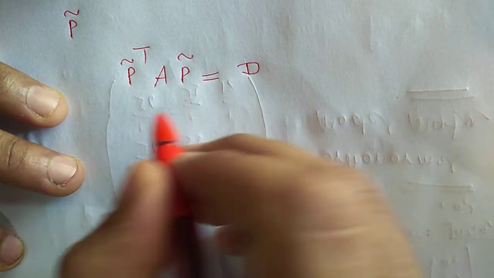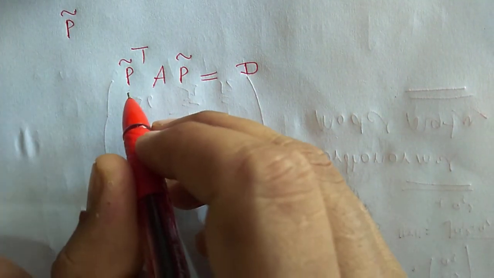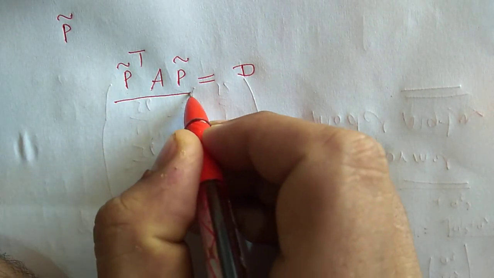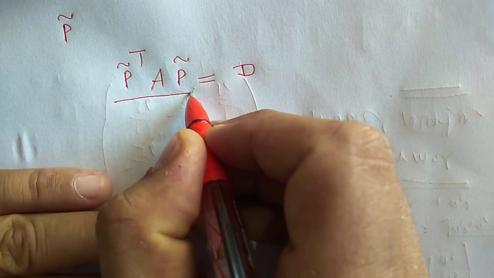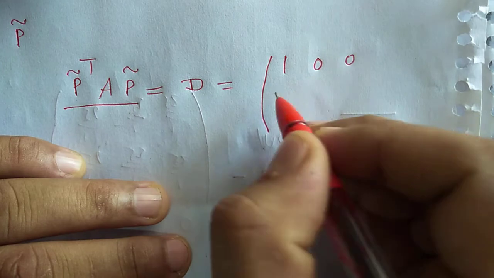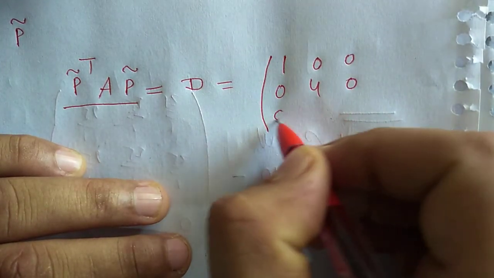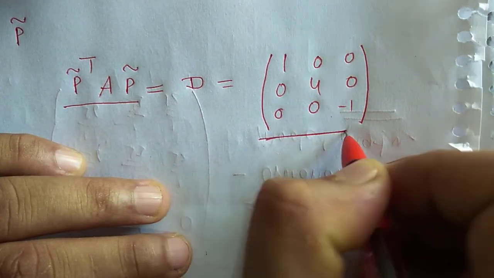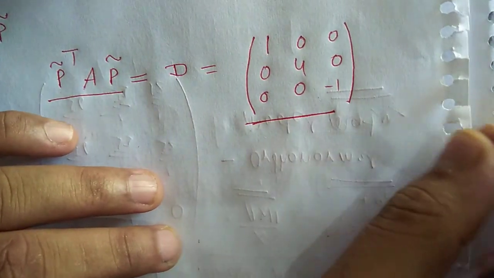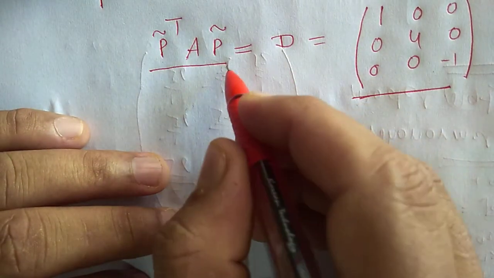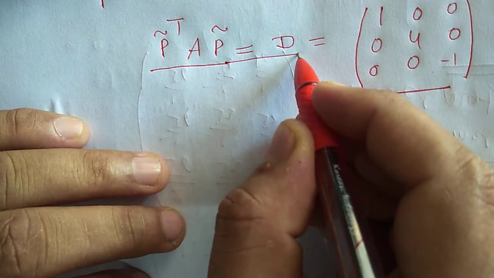So for this problem, if we do the transpose and calculate P bar transpose A P bar equal to D, the D matrix will be 1 0 0, 0 4 0, 0 0 minus 1. Please verify this. Now this is the orthogonal transformation.